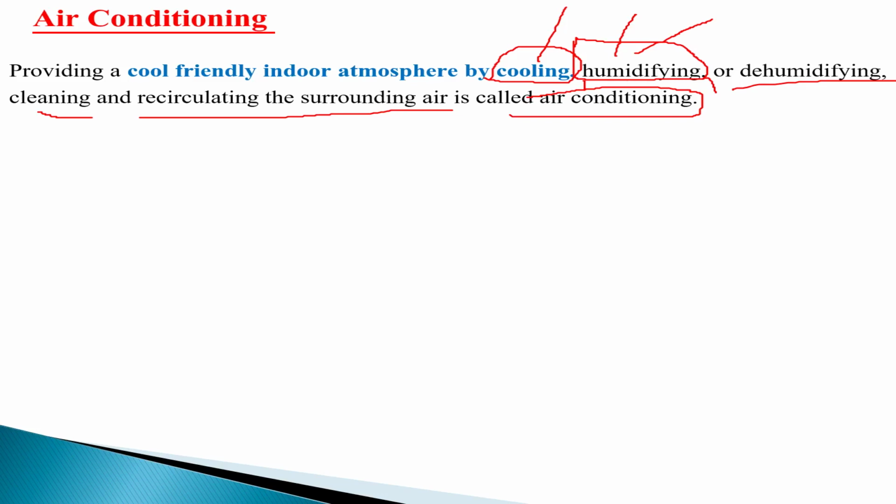There is a saturation limit up to which air can dissolve moisture. The maximum limit that moisture can be absorbed by the air is 100%, and we say humidity is 100%. If the air dissolves only half of that amount, say X by 2, then we say the humidity is 50%.